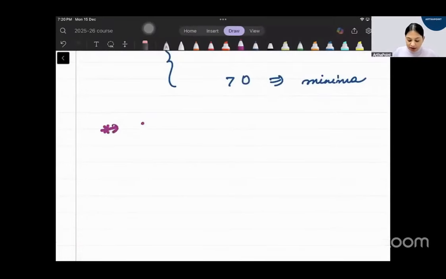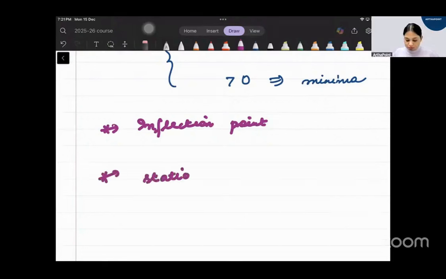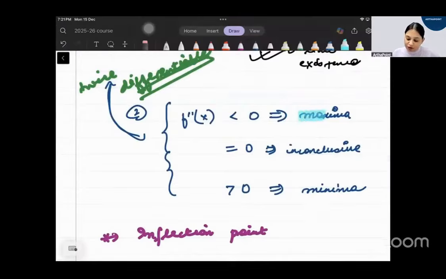Then there are some terms which you must know. So one such thing which can be asked in exam is called an inflection point, right? And one another thing which can be asked in exam, that's called a stationary point. अच्छा, before we proceed, ये बात समझना that whenever you have maxima of the function, you can resonate that with concavity.